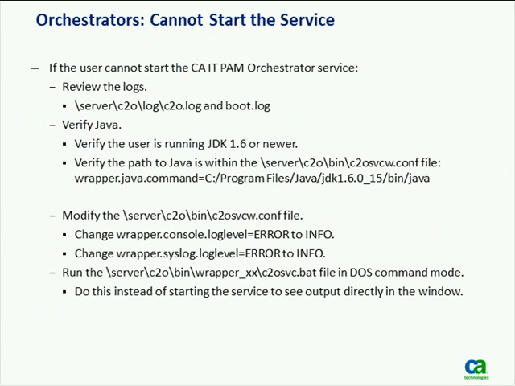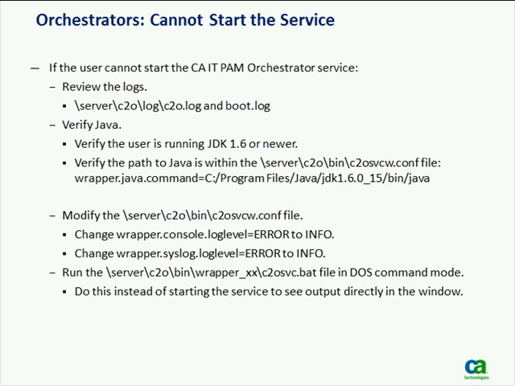Even so, what can you do? You can stop the ITSM service, and you can execute a command line, okay? On that command line, you will replace the start service by a batch file. Do this instead of starting the service. You will see the output directly in the window, okay?